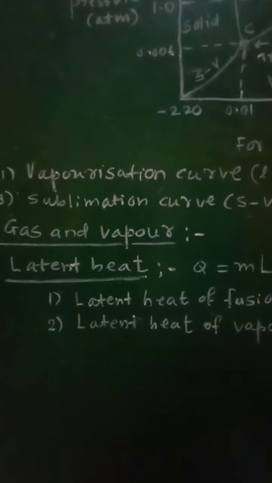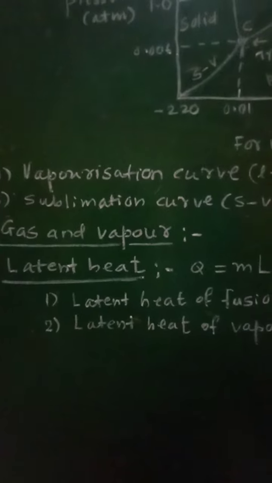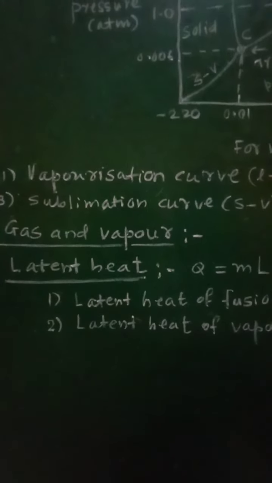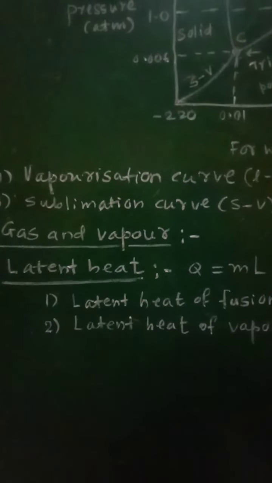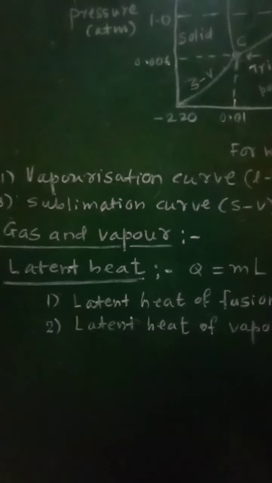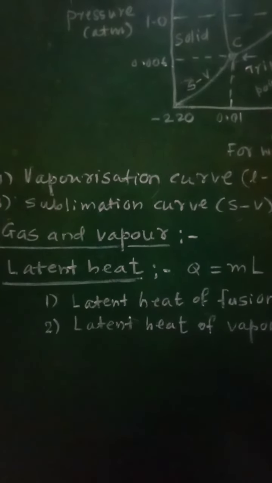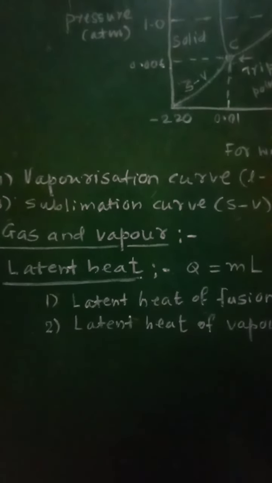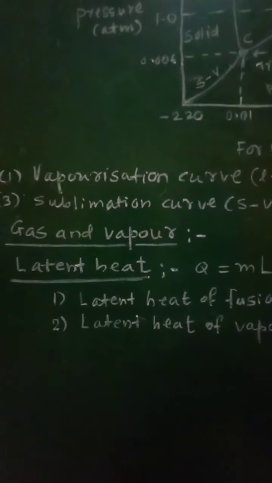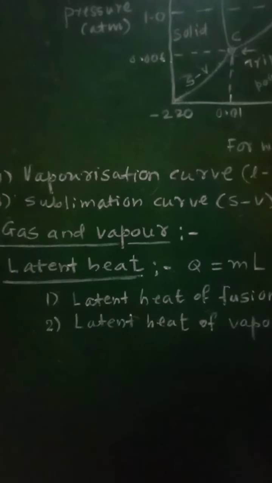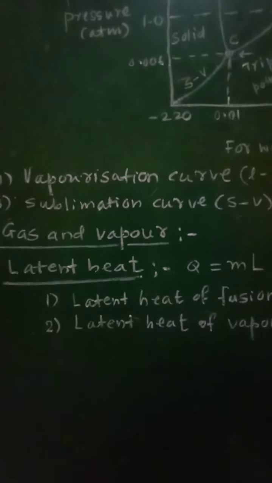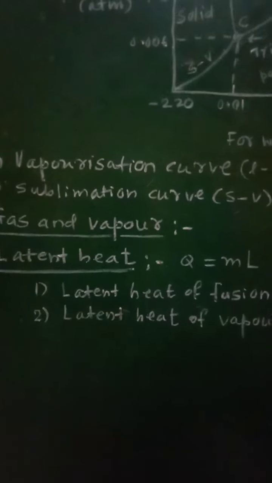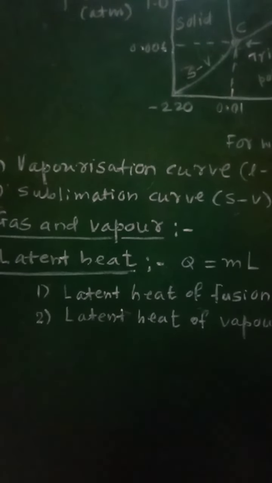So this concept gives rise to the concept of latent heat, and therefore the latent heat of a substance is the quantity of heat required to change the state of unit mass of the substance without changing its temperature. That means solid may be converted into liquid, or liquid will be converted into gas.